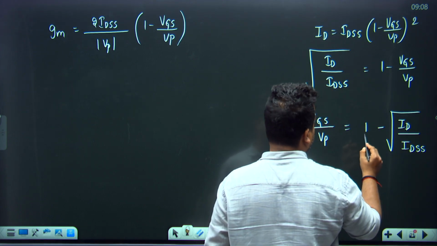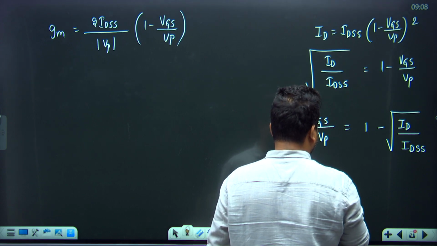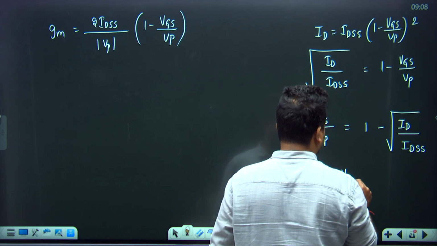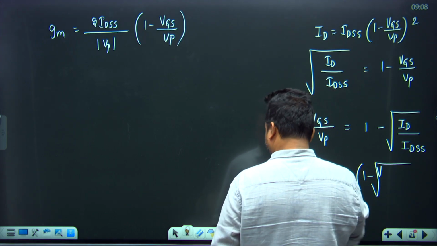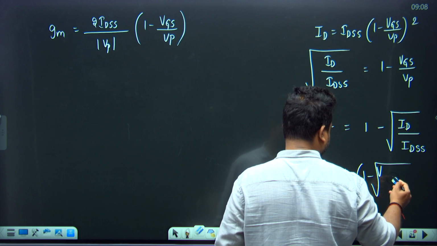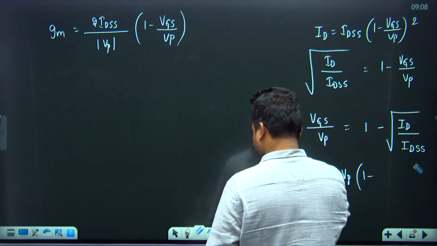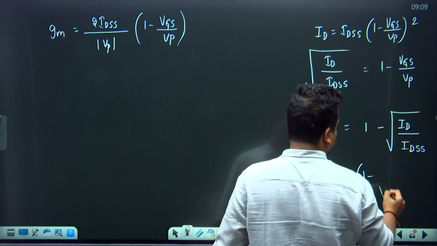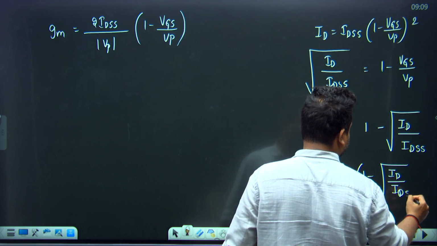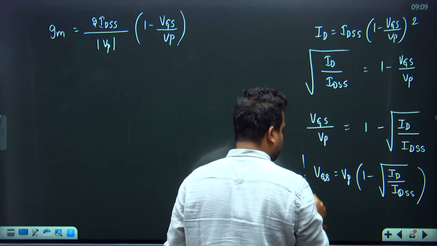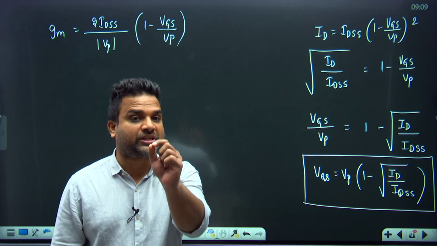Now you can move this VP to that side, you will get VGS as VP into 1 minus square root of ID by IDSS. Okay, this is the VGS equation, the input voltage equation of a JFET.